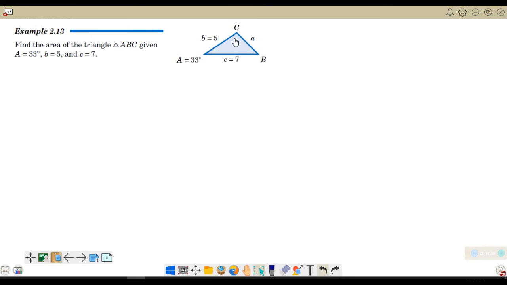Yan. Okay, naipaste ko na siya. Ano-ano yung mga given sa atin? So, si angle A, tsaka yung dalawang sides na bumubuo ng angle A. Si side B at tsaka si side C. So, two sides and the included angle. We have 33.